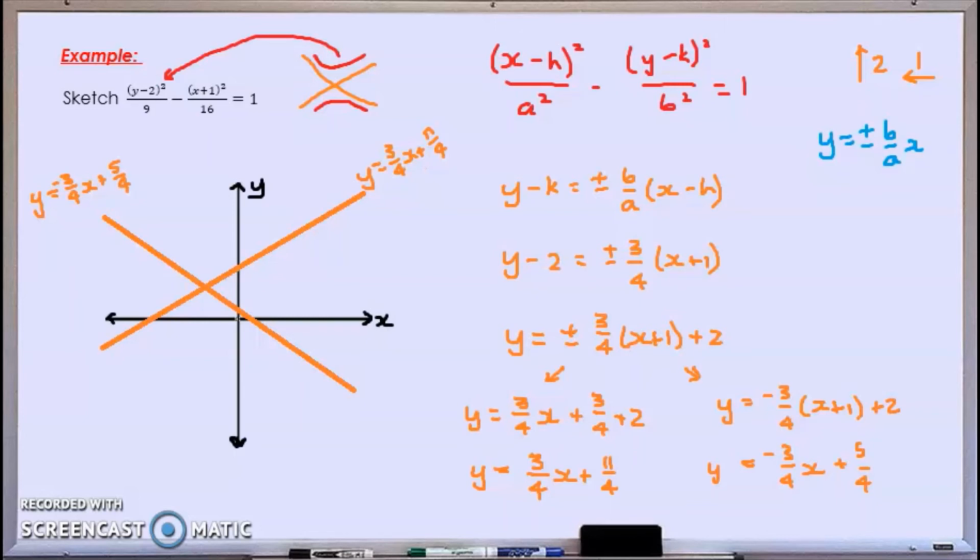And then we can put in our hyperbola. We know our hyperbola is going to be above and below, so that means we can draw that in, something like that, and same with the one that's going to be below.